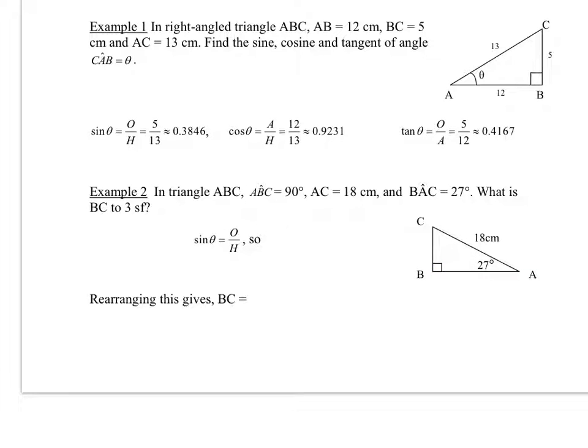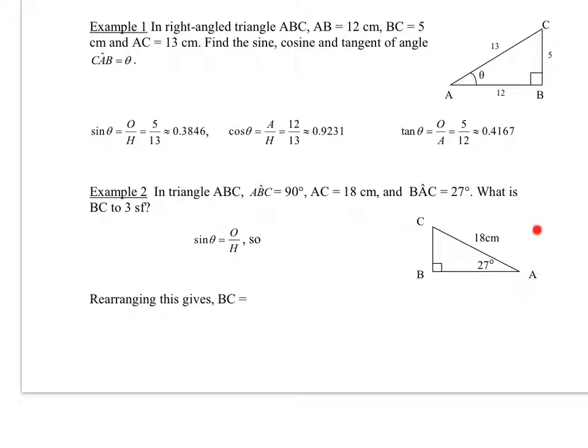And then AC is equal to 18. The AC is going to go between the two other sides. Put an 18 next to that. And the 27 degrees is at angle BAC. BAC is that angle right here. It's the angle at A.